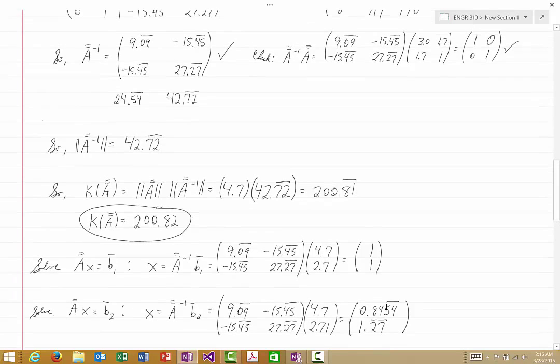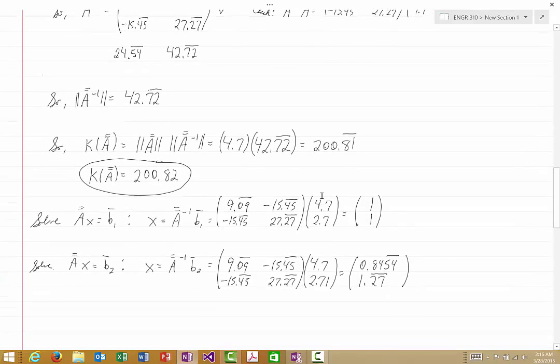Remember, B1 is [4.7, 2.7] and B2 is [4.7, 2.71]. So B1 and B2 are almost identically the same vector. They don't differ at all in their first component, and they differ by only 0.01 in the second component.